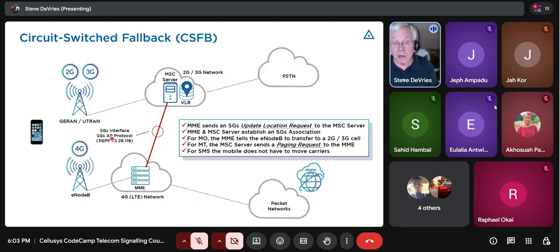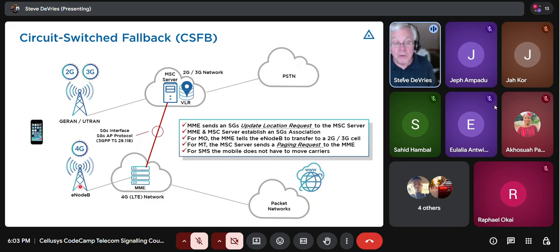And it uses a separate protocol. That protocol is SGs application protocol. So this connects up, and basically what happens is the mobile registers itself, does an update location on a 4G network, and it updates you on a 2G, 3G network.